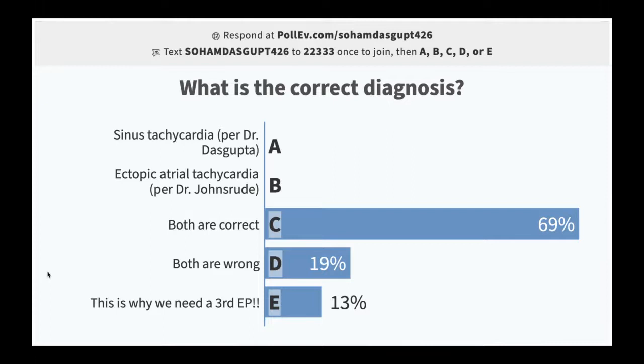All right, so there's 5 more seconds. Pretty good battle between both are correct and both are wrong. All right, guys, so I'm gonna move on.